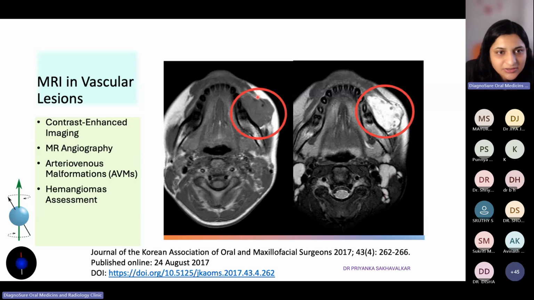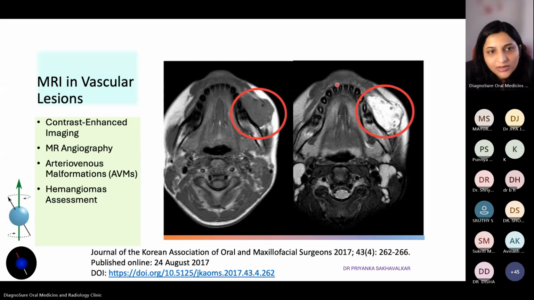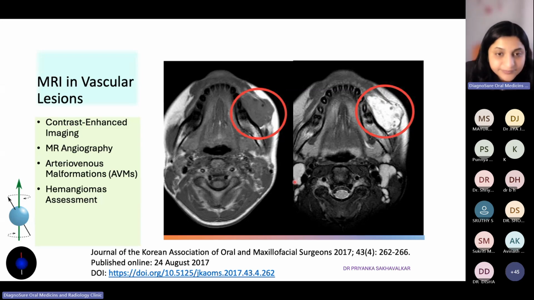So this is a mass which shows iso-intense signal on T1 weighted and bright hyper-intense signal on T2 weighted imaging, which was consistent with the presence of fluid. Okay, they have several vacant spaces. This is the image of a hemangioma, and again there are a few phleboliths related to this hemangioma. This is seen in this scan.